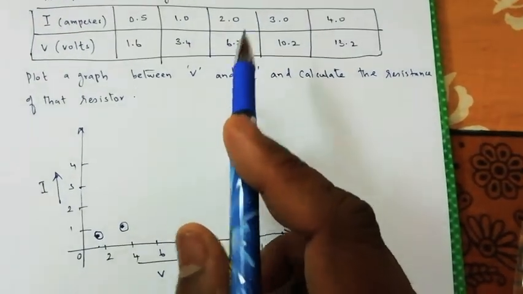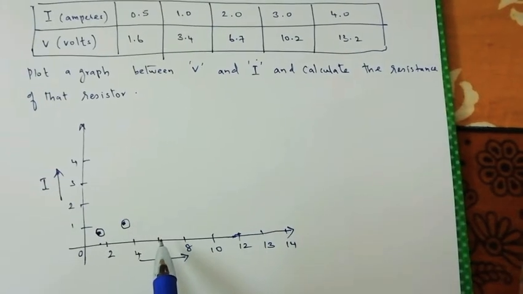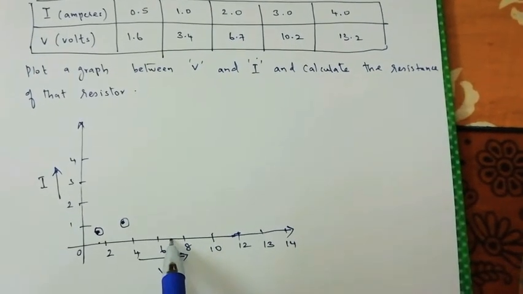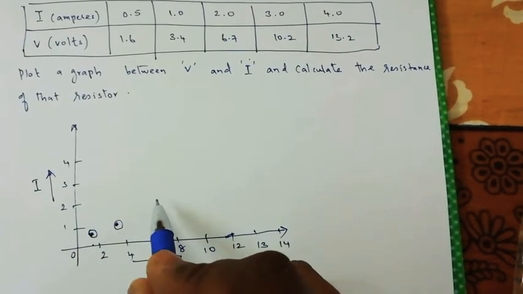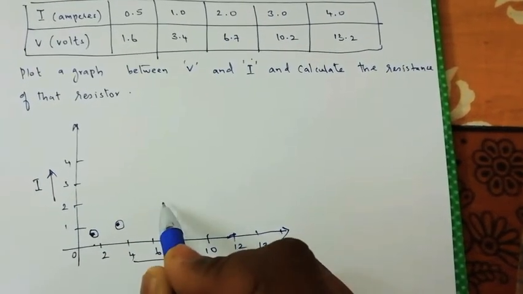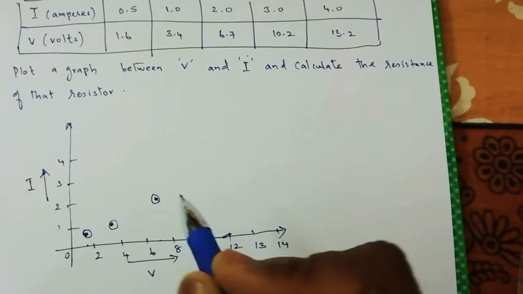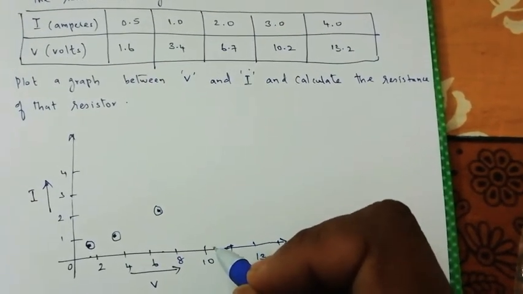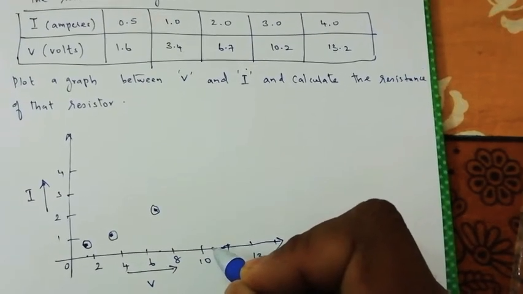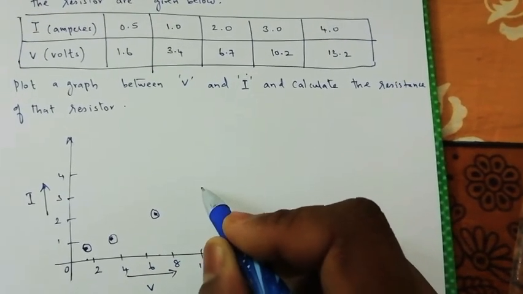And for 6.7 it is 2, 6.7 will be coming here around, and for 2 it will be here, so put it here. And for 3, 10.2, 3, so around here.